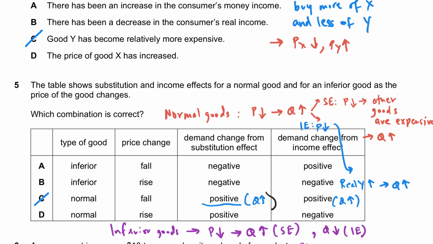And because the good is normal, when the price of the good goes down, the real income goes up. So when the real income goes up, you also buy more if the good is normal, and that's why the answer is C. When the good is normal and there's a price fall, we buy more of the good, not only because it's relatively cheaper, but also because real income is rising. So C is the right answer.